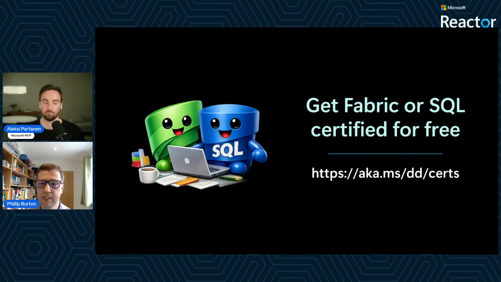So the requirements include joining the Fabric community, if you haven't already, watching 2 Data Days sessions, either live or on demand, so you've already done one, and completing 3 Microsoft Learn modules from a collection. So for more details, there's a link on the screen.